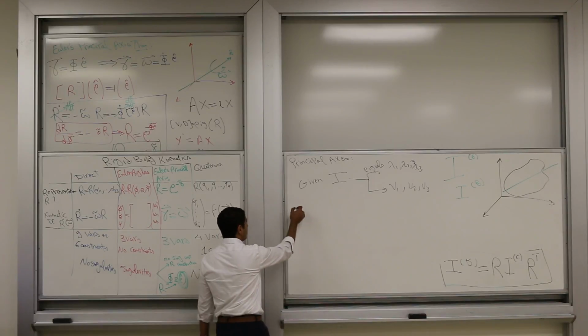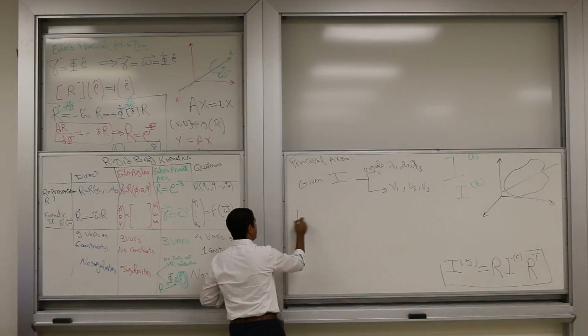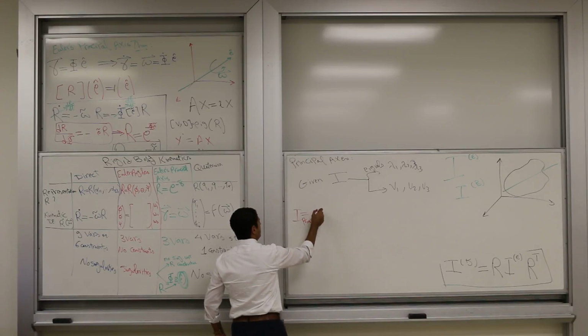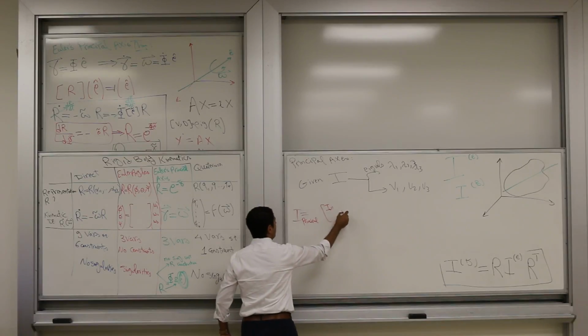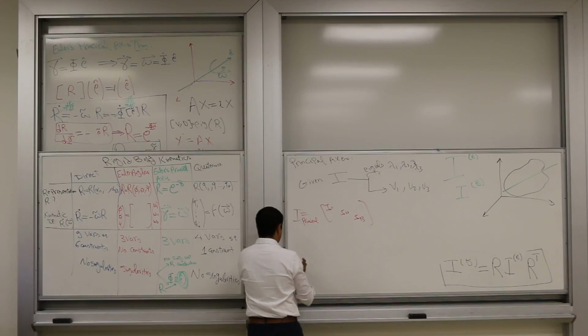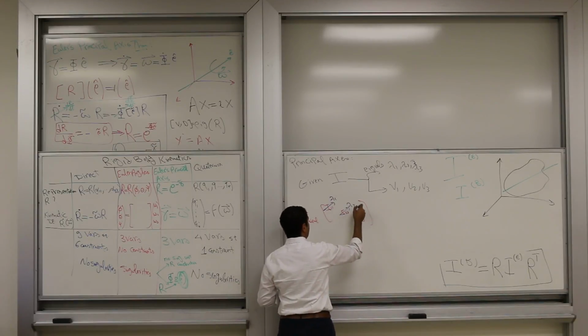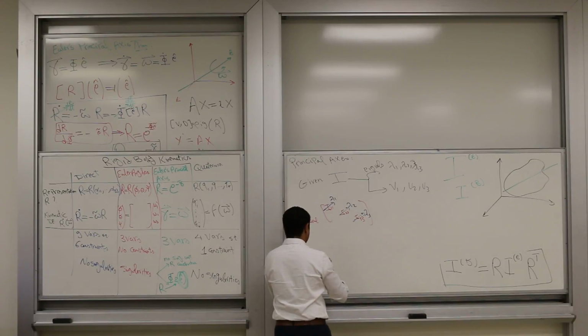Then your inertia matrix, the principal inertia, which is I11, I22, I33. These are actually simply the lambda 1, lambda 2, lambda 3 over the diagonal.